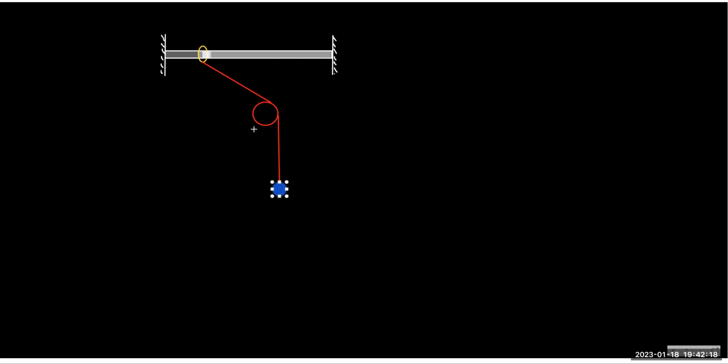The pulley is somehow fixed. You need not worry how it is fixed, that's not your concern. So we have two masses, m1 and m2. At some instant the angle is theta, and it will have velocity v1. So what will be the relation between v1 and v2? Tell me.